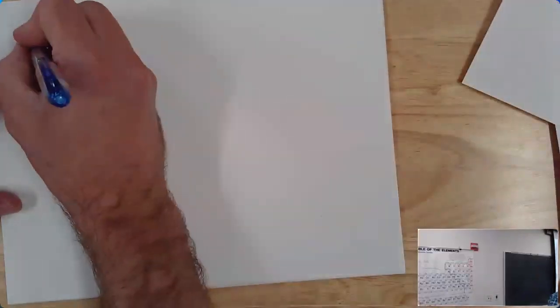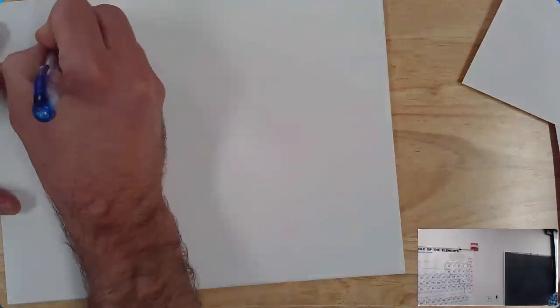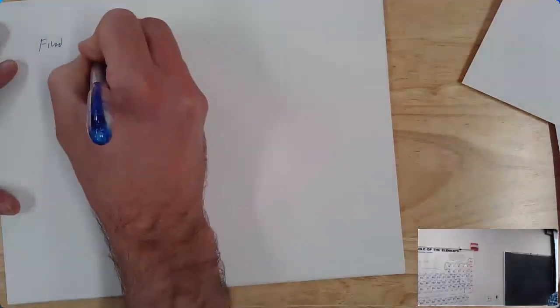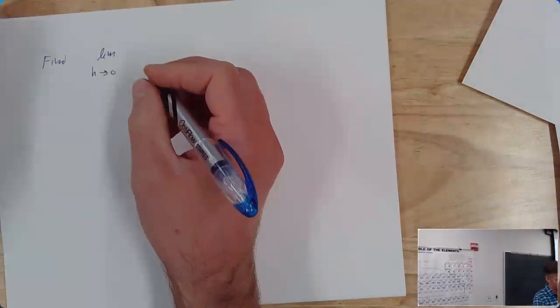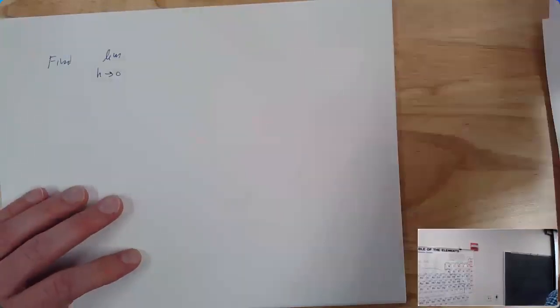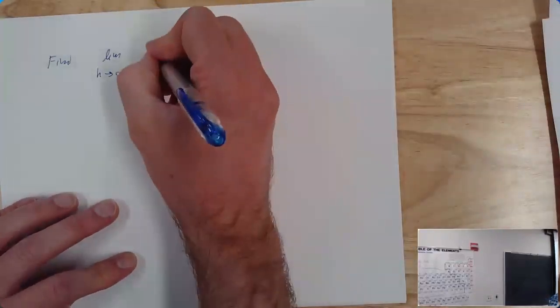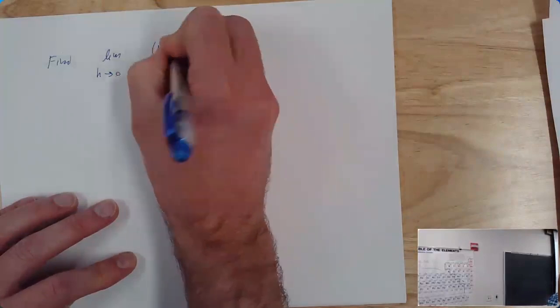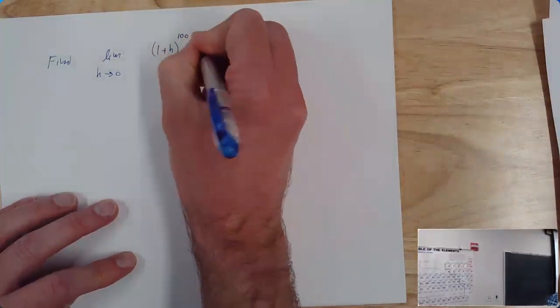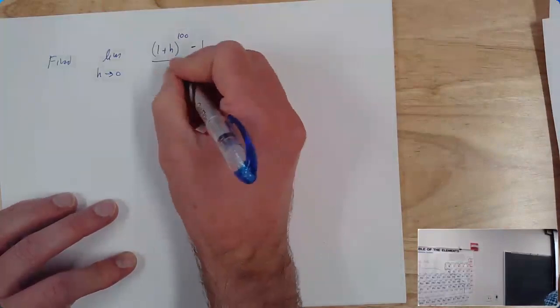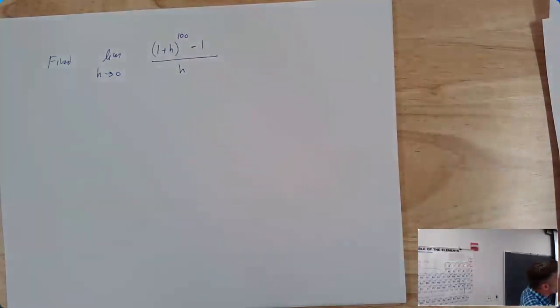For example, we could make something up here. Find the limit as h approaches 0 of, let's make it truly heinous, 1 plus h to the 100th power minus 1 all over h. There's no way you're multiplying out 1 plus h to the 100th power.